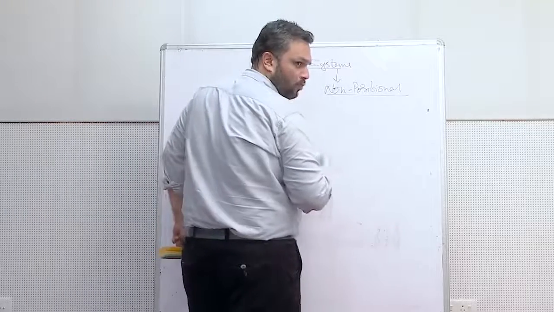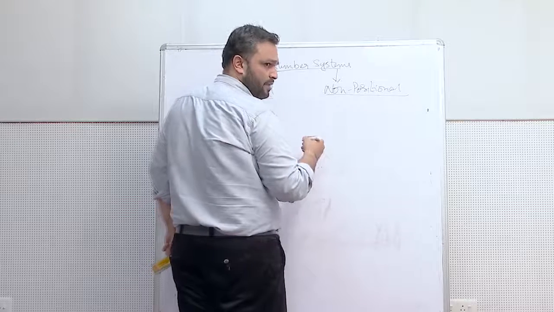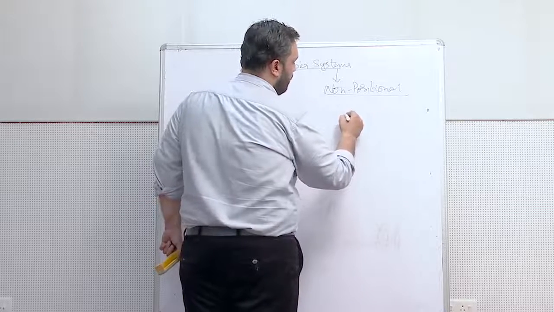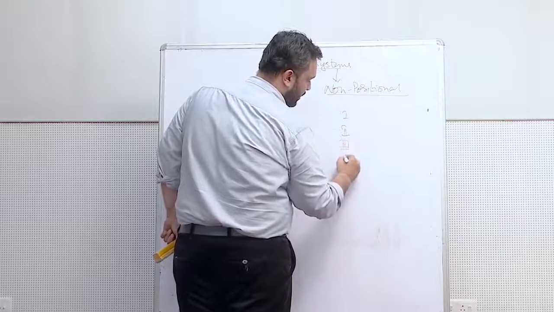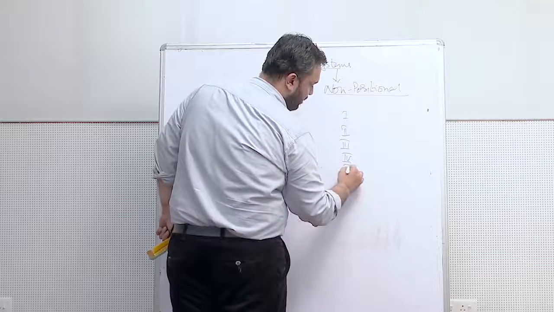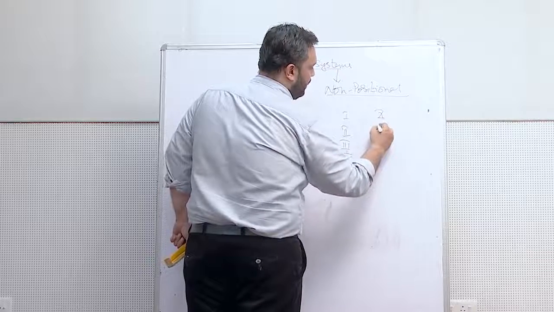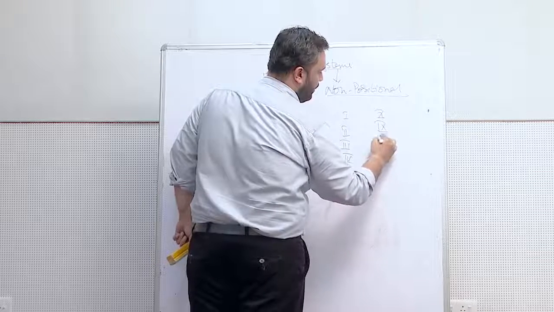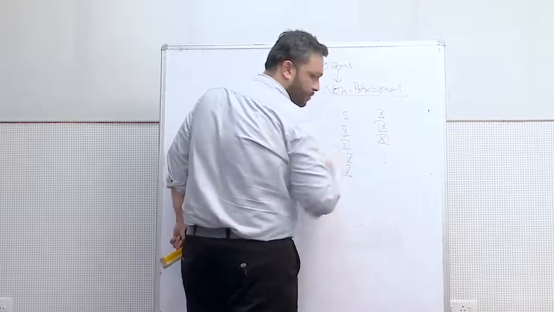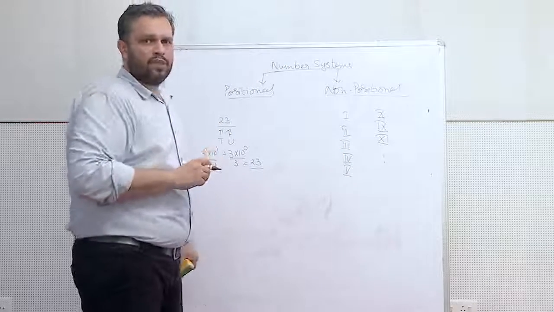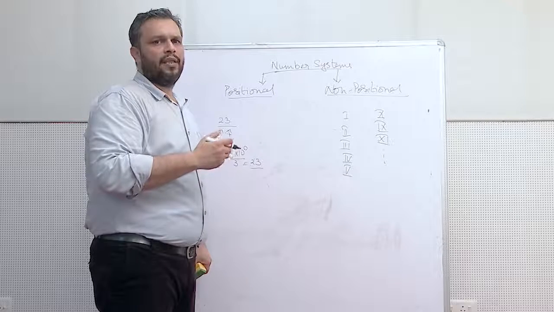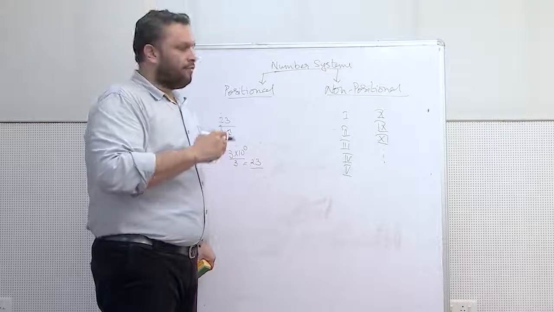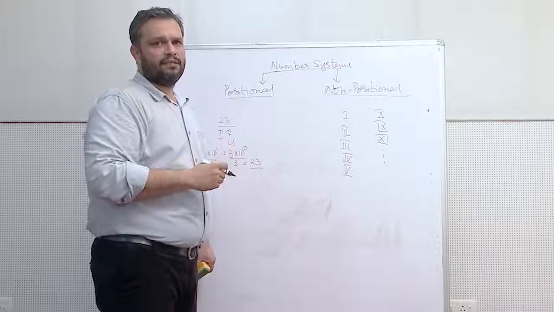So this is what we mean by positional number systems. In case of non-positional number systems, you must have studied the Roman numerals. For example, this is 1, this is 2, this is 3, this is 4, this is 5, this is 10, this is 9, this is 11, and so on. In a non-positional system like the Roman numeral system, it is not possible to carry out mathematical calculations beyond simple addition and subtraction.